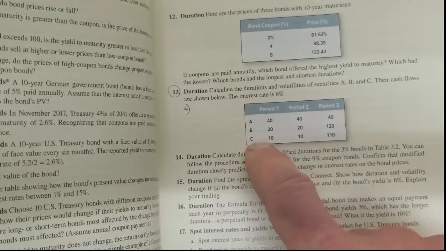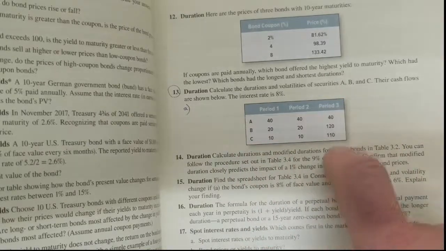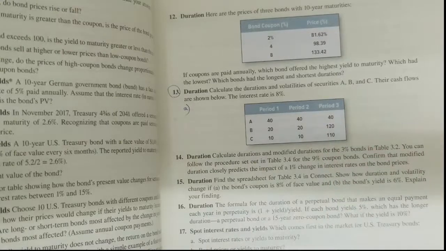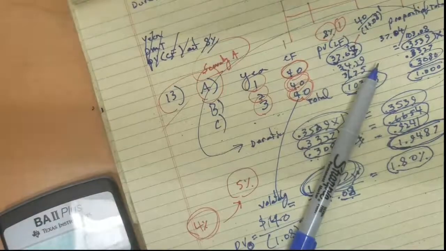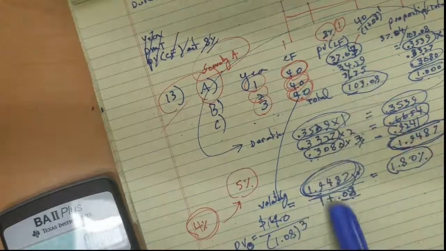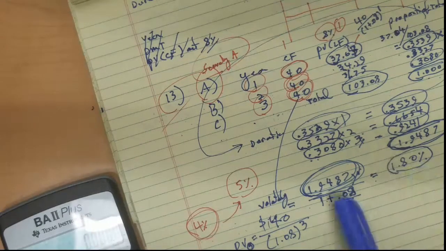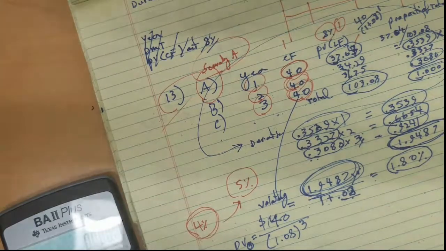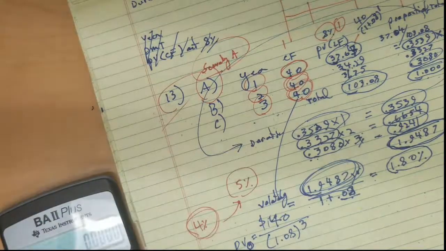And security C has 10, 10, and 110. So what are the different durations compared to the $40 paid out straight across each year? We got 1.9487, or 1.95 years in terms of recovering that present value, which is a fairly low duration.